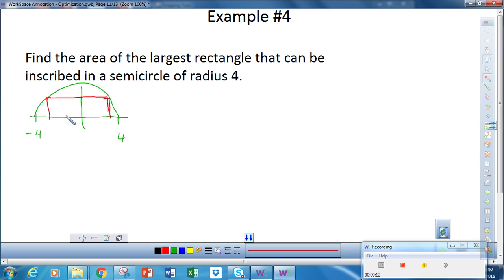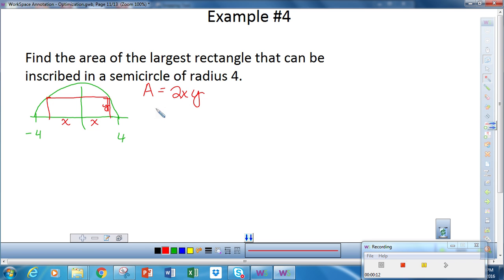Now, the rectangle would have to be symmetrical, so if this is x, this is x, and the height would be y. So we can immediately see that the area, which is our primary equation, would be the length, 2x, times y. We need a secondary equation.